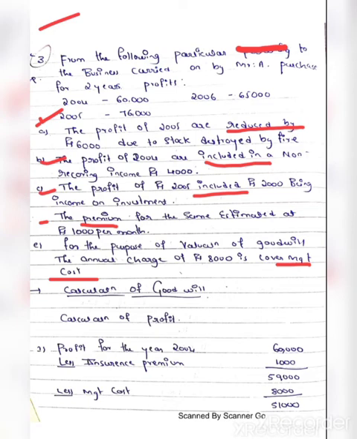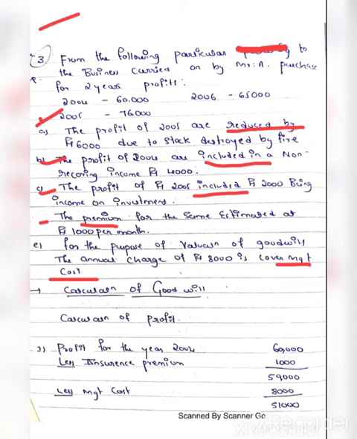Premium means extra amount, means plus, right? Normally premium means add, but in this case it is the opposite: by the rules, premium means less to consider. So premium for the same estimated amount of rupees 1,000 per month.